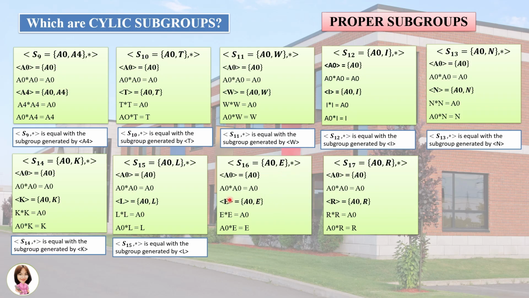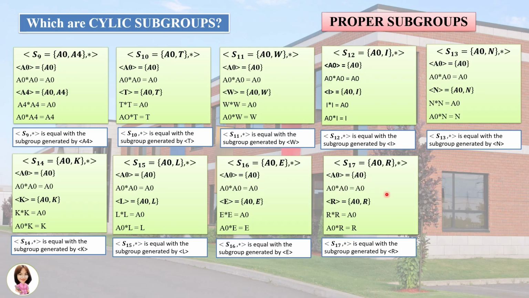The element generated by E is the generator of S sub 16, since it generates the entire group of S sub 16. And lastly, for the proper subgroups, we have the group of S sub 17, which contains the elements A0 and R under binary operation star. The element generated by R is the generator of S sub 17, since it generates the entire group of S sub 17.